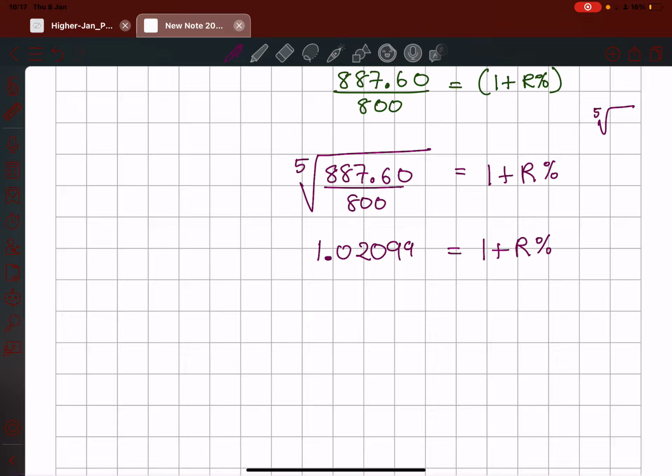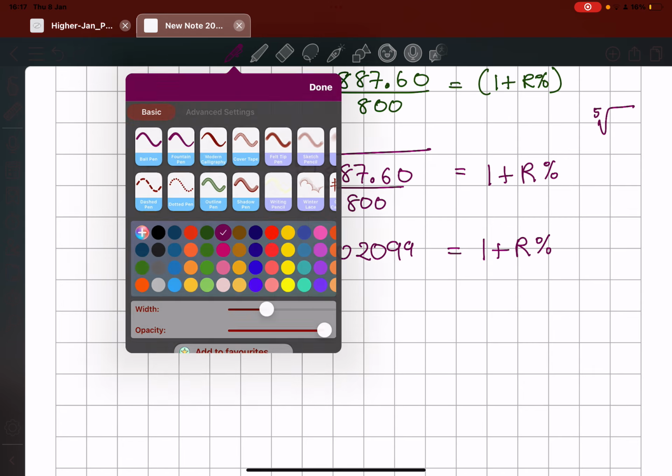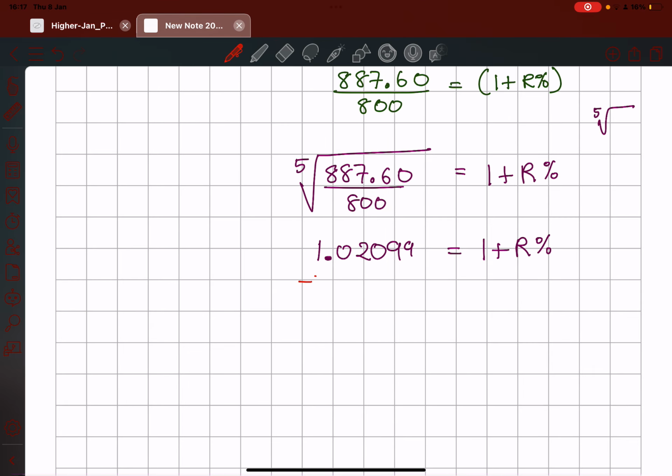Now we are looking at what is r percent, so we subtract 1 on both sides. That gives me 0.02099 is r percent.